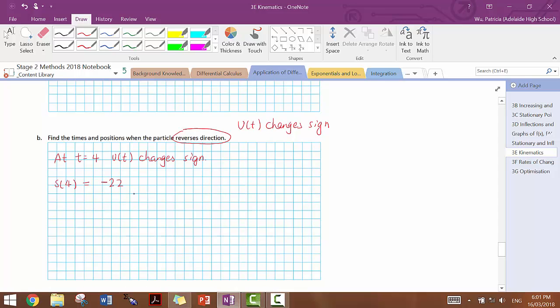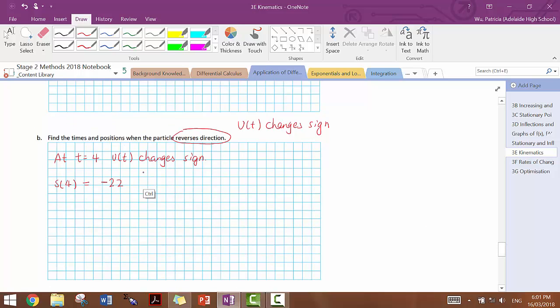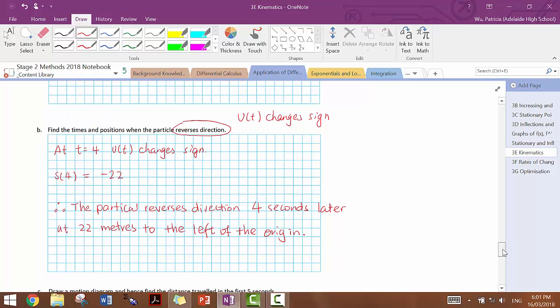And we will be able to plug the 4 back into the displacement function to find out what the displacement is at that time. And it works out it is actually negative 22, which suggests the particle is 22 meters to the left of the origin at the time of direction reverse.